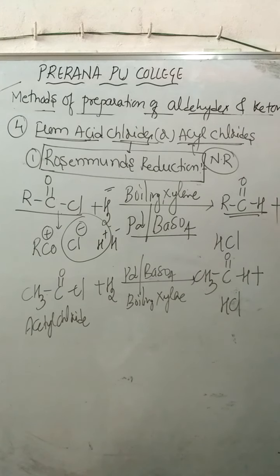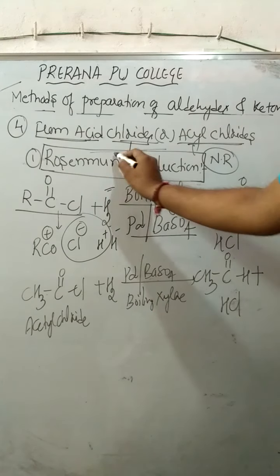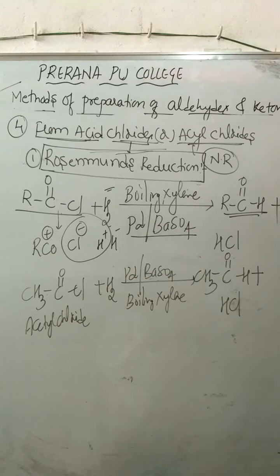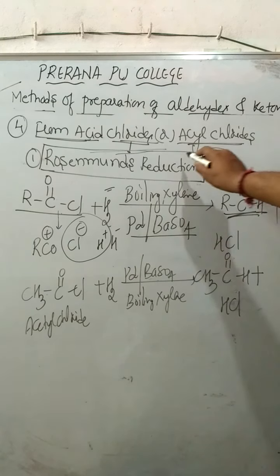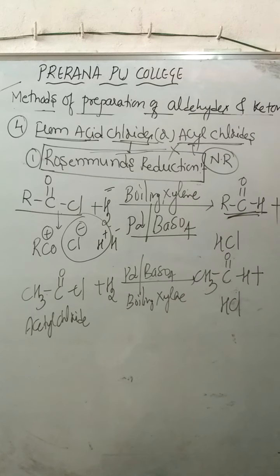This particular named reaction is called Rosenmund's reduction. By using Rosenmund's reduction, we can prepare aldehyde as the major product. But ketones cannot be prepared by using Rosenmund's reduction.